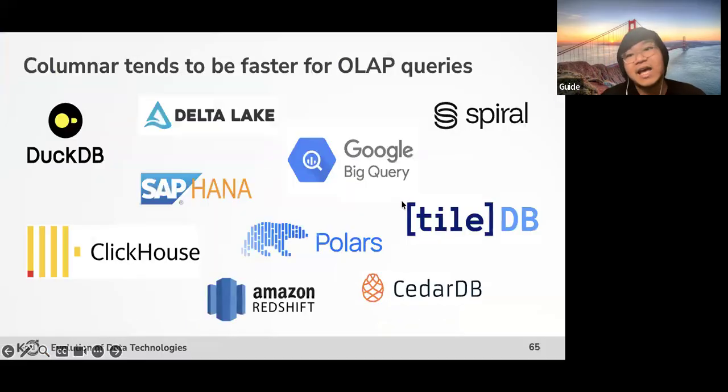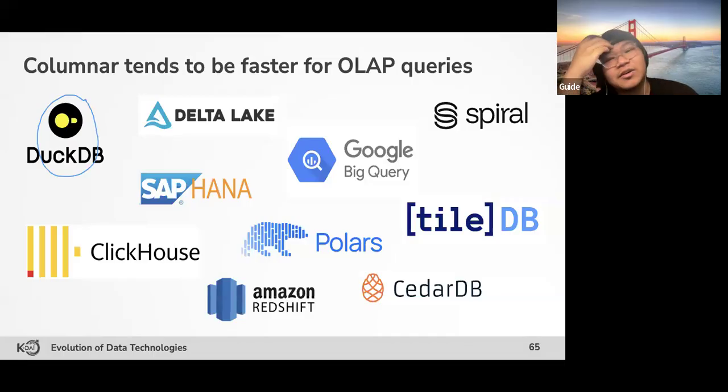So with columnar formats, OLAP queries can be a lot faster. And these are the OLAP DBMSs that people are using nowadays. Your most beloved one, DuckDB, is one of the OLAP DBMSs as well.